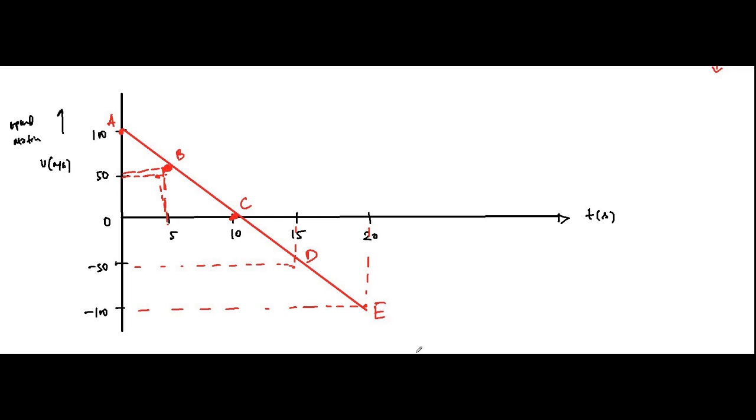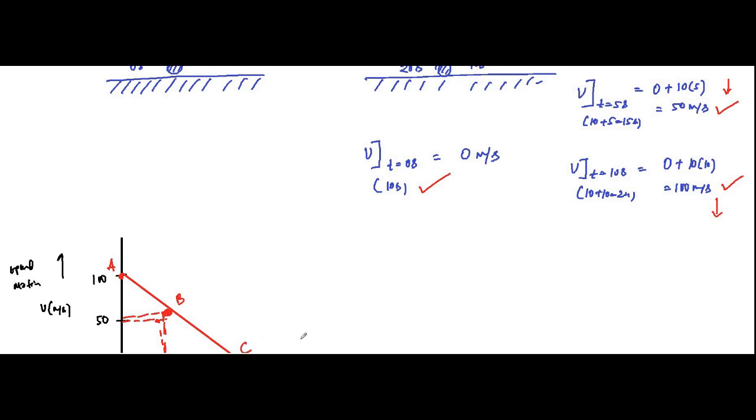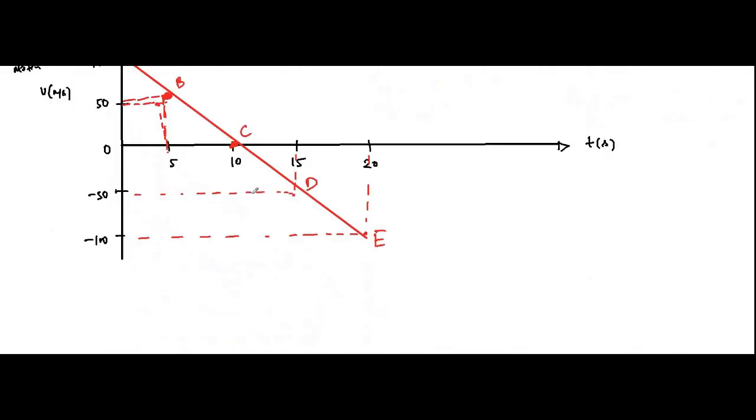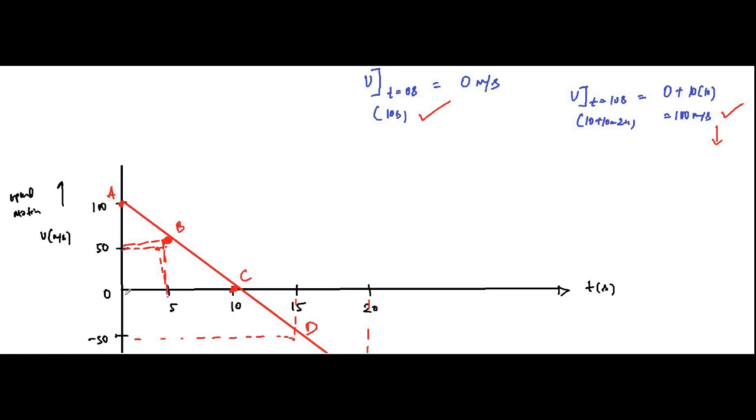Now here it has been asked that from the graph we have to find the maximum height achieved by the ball. The maximum height or the maximum displacement is during the positive portion, upwards of the x-axis or the time axis, which is basically the area of triangle AOC.